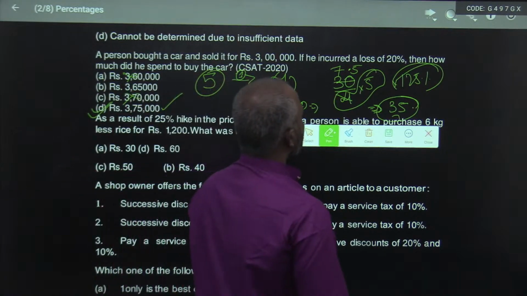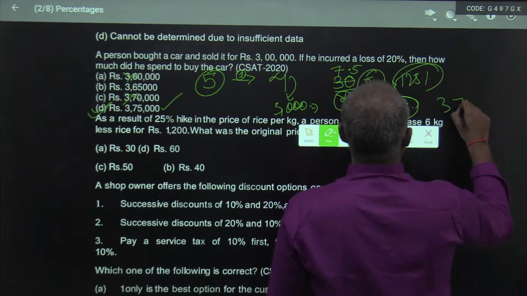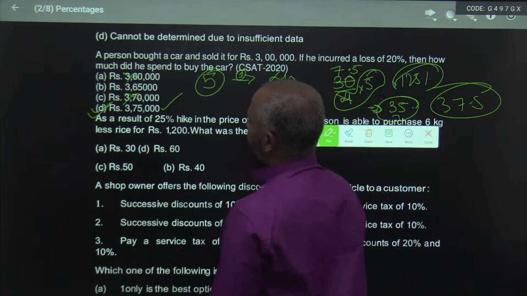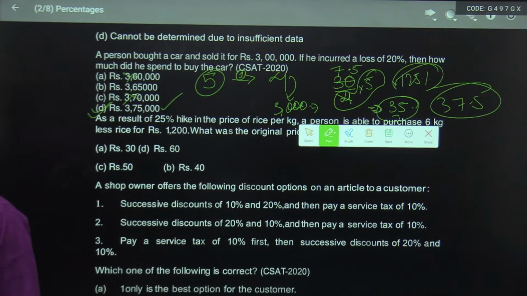35 plus 2.5, 37.5. So he has bought the car for 3,75,000. You see how simple this is.